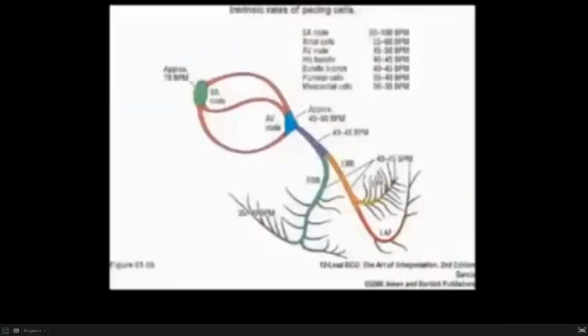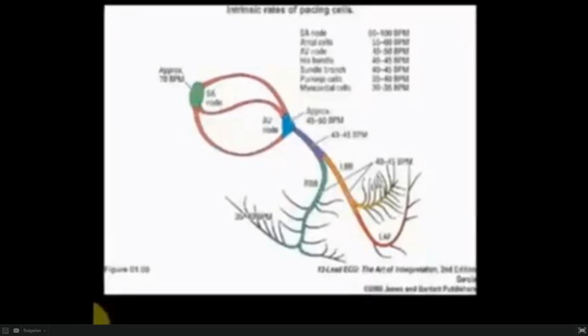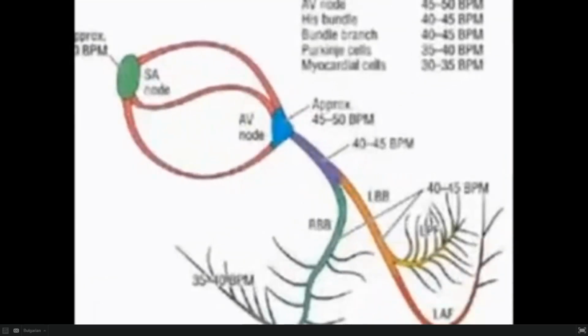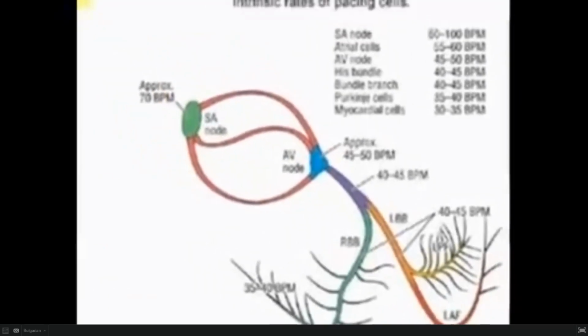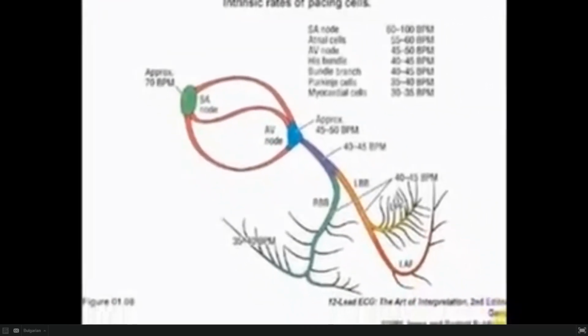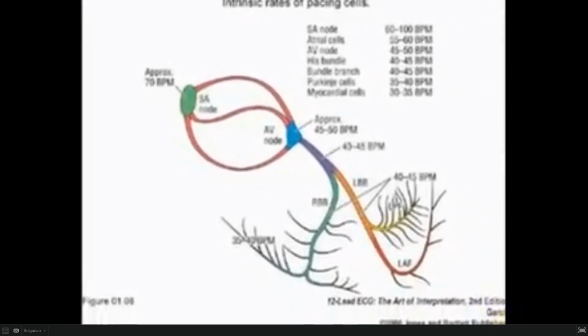Then we go to picture 13. It is again your autonomic nervous system with measurements of how many heartbeats per minute you have in each part, and how this frequency slows down toward the end of the net of Purkinje. From the sinus node, you start from 70.